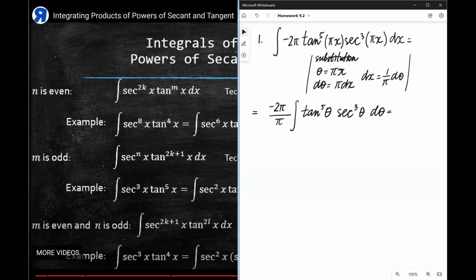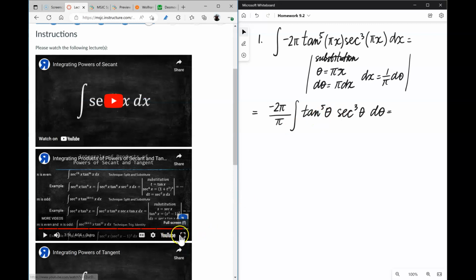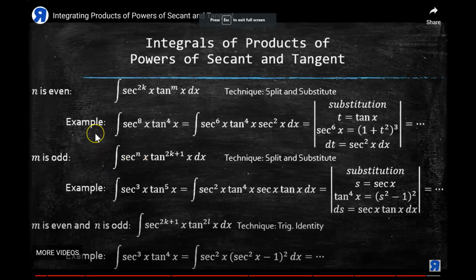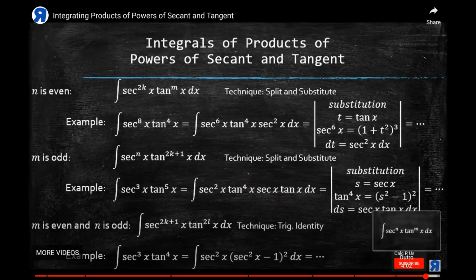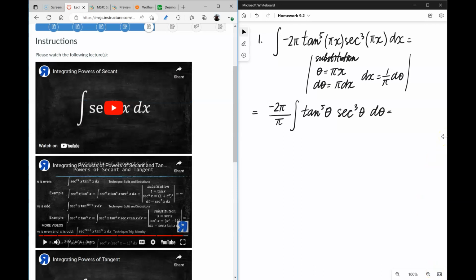In our case, both are odd. So if they both are odd, which of these three cases applies? If they're both odd, that means n is not even and m is not even. Even though they are both odd, there's nothing we can do with an odd power of secant. But when the odd power of tangent is there, we can use the split and substitute technique by splitting away both secant and tangent. That's the idea.